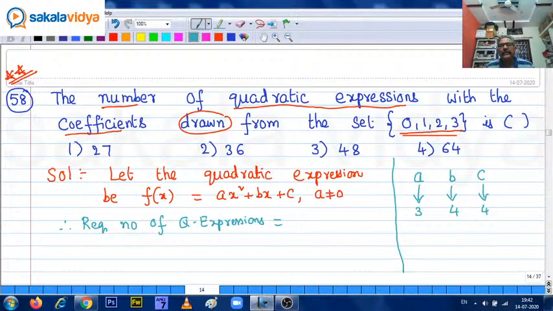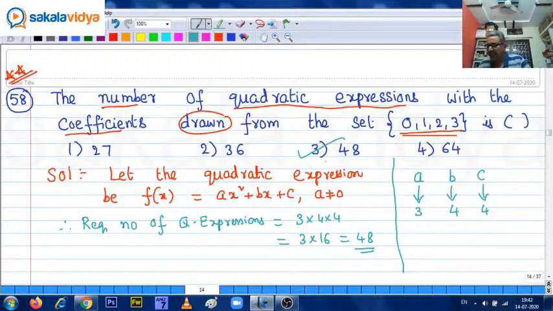With repetition, with one condition: the first place should not contain 0. So this can be written as 3 into 4 into 4, that is 3 times 16. So you get 48. So the third option is the right option.